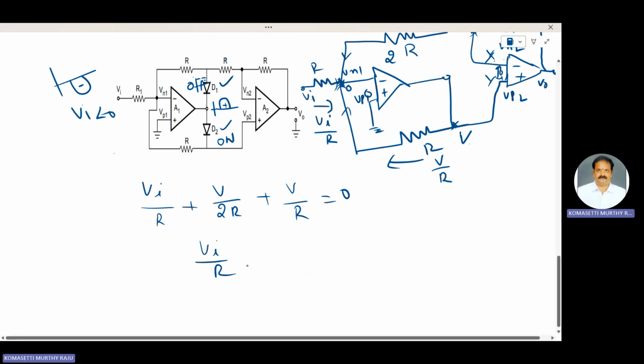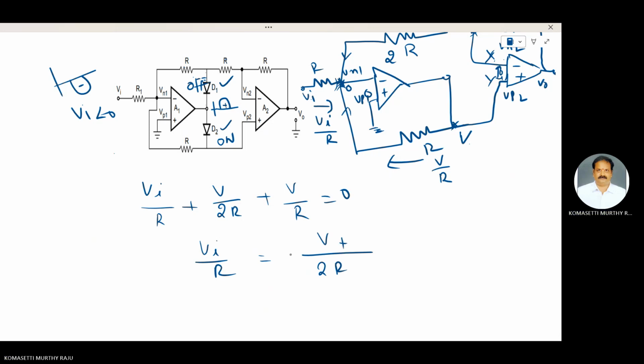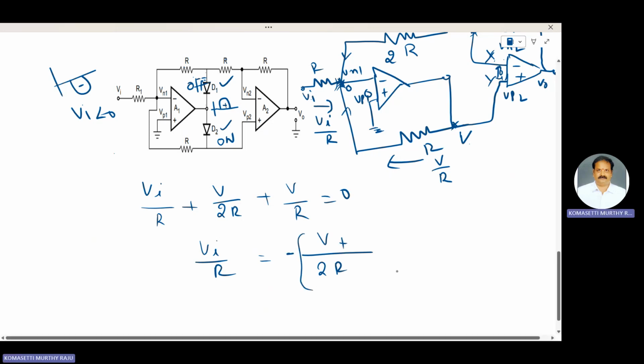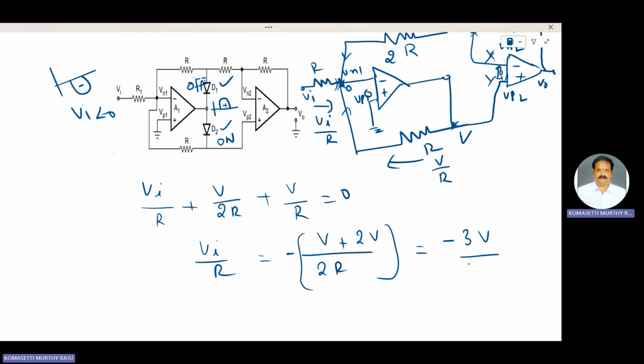V by R is equal to 2R. V plus minus minus of 2V, that is equal to minus 3V by 2R. R cancels.